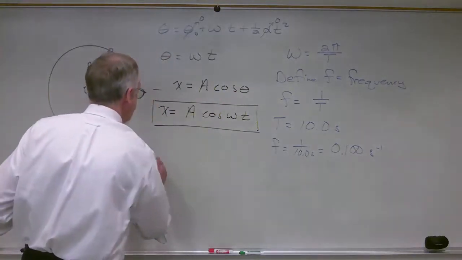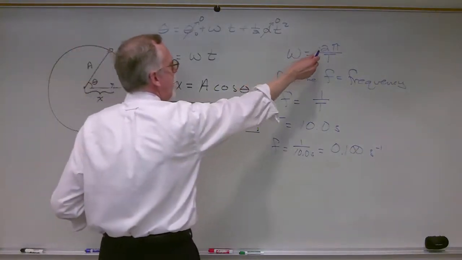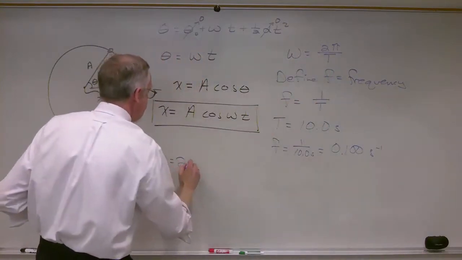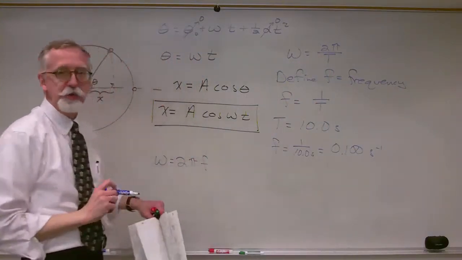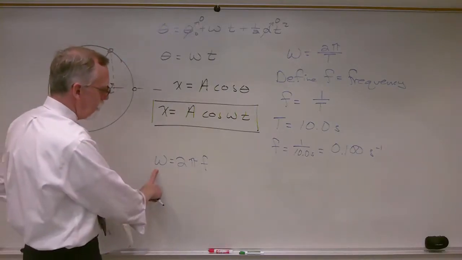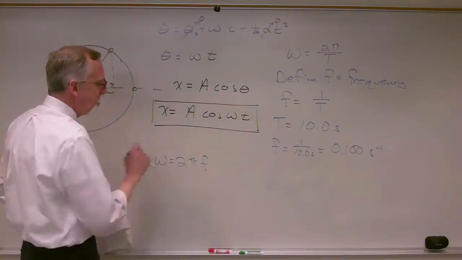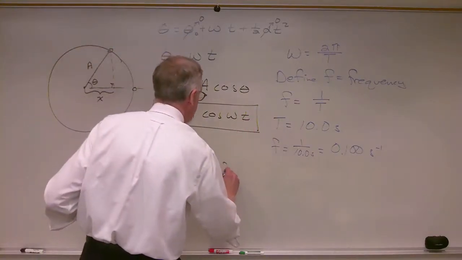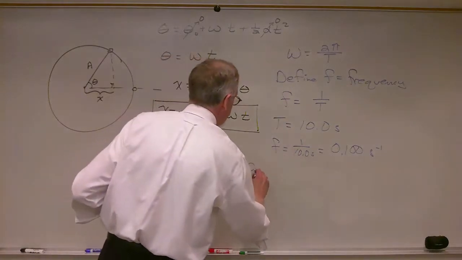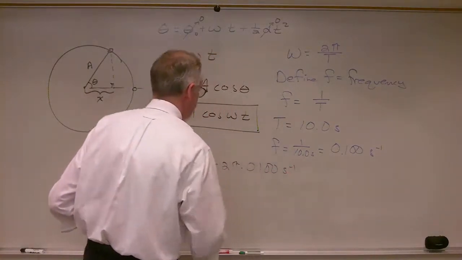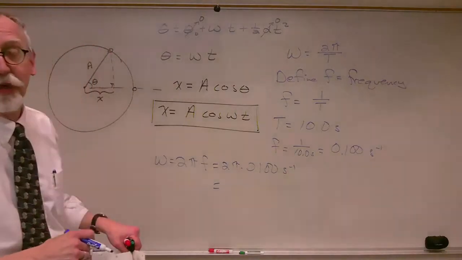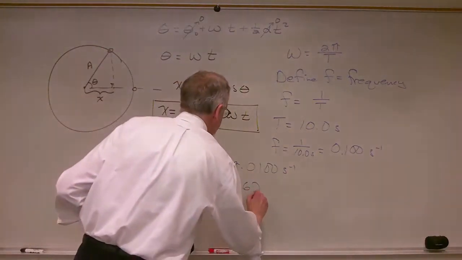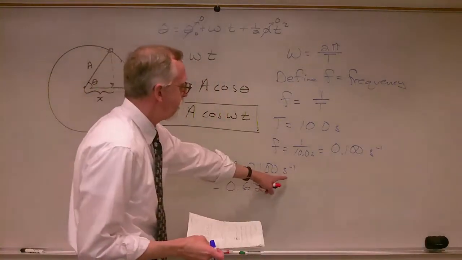Omega, which is 2 pi divided by the period, well, putting 1 over the period as the frequency, is just 2 pi times the frequency. So the angular velocity is just 2 pi times the ordinary frequency, or in this case 2 pi times 0.1 inverse seconds, or 2 pi is 2 times 3.14, 6.28, or 0.628 inverse seconds.